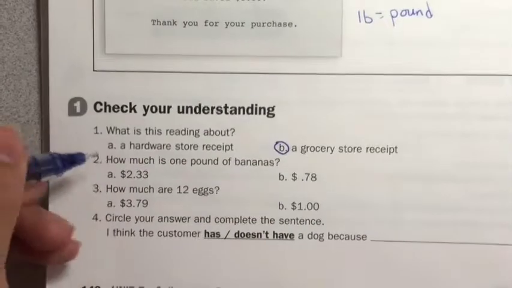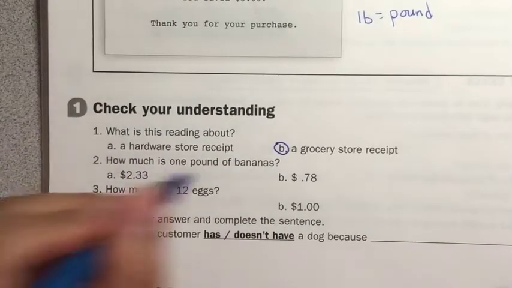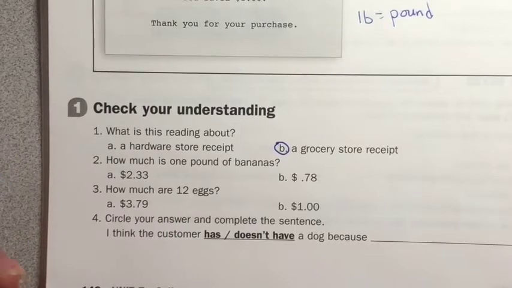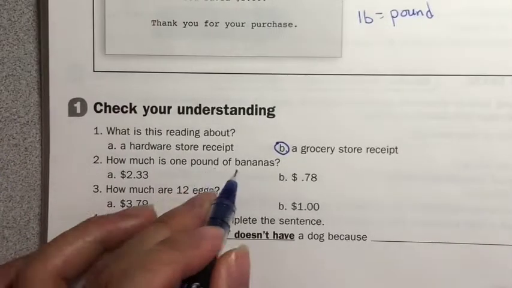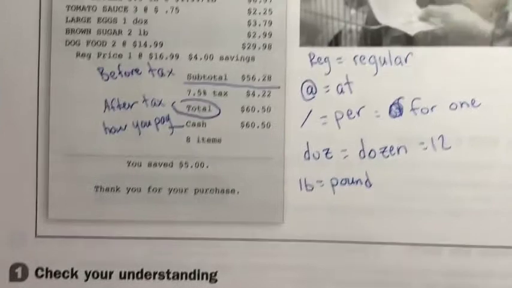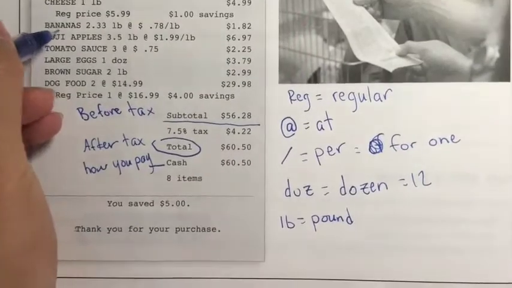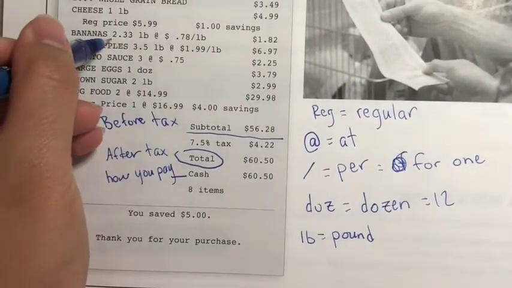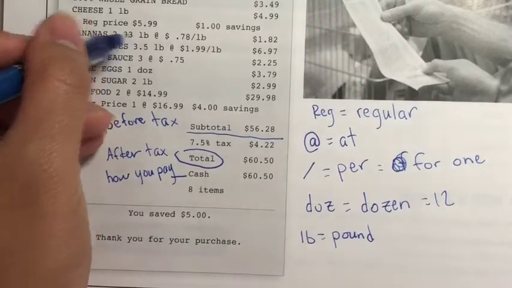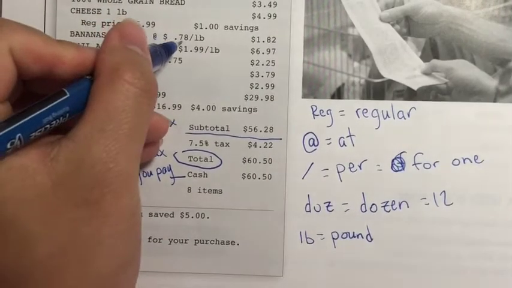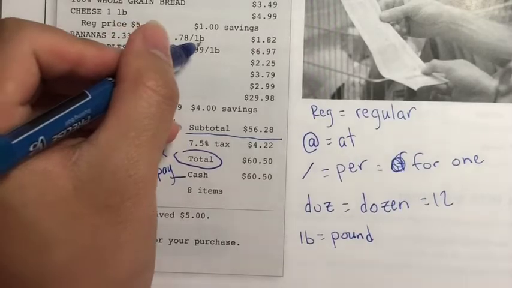2. How much is 1 pound of bananas? We want to know the price of 1 pound of bananas. So we buy 2.33 pounds of bananas at 78 cents per pound.